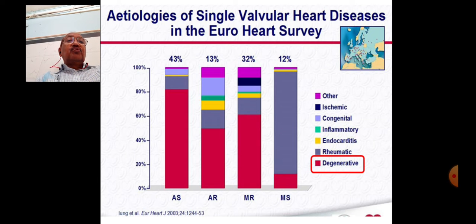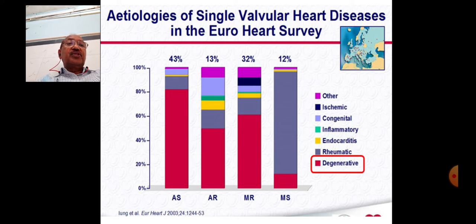So if you look regarding the etiology of single valvular heart disease, and this is the data from the Euro Heart Survey, if you look for aortic stenosis, it is the degenerative which is the most common. In contrast, if you look to mitral stenosis, it is the rheumatic which is the most common.